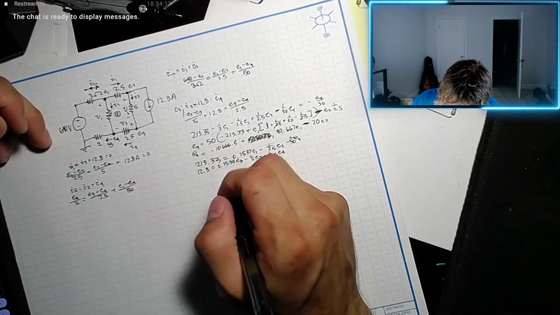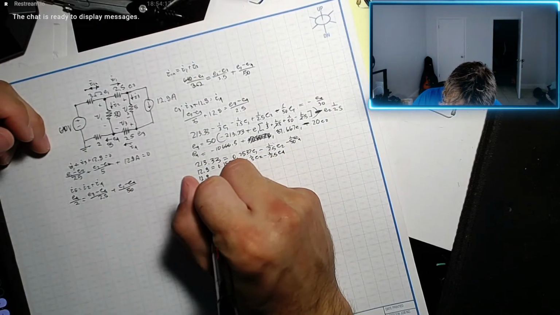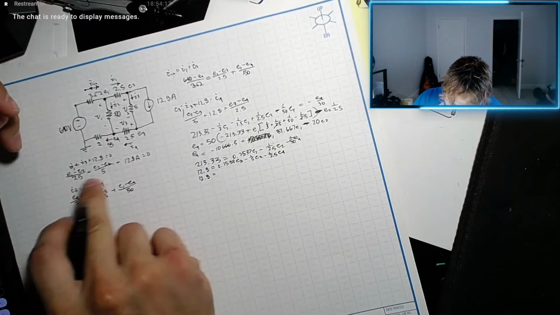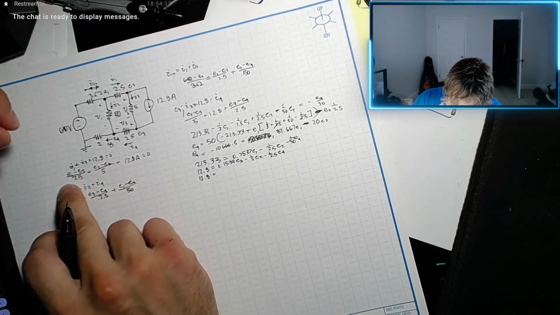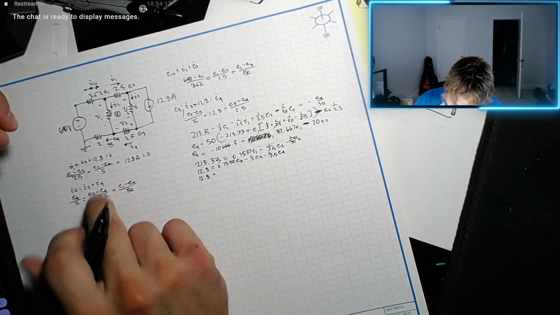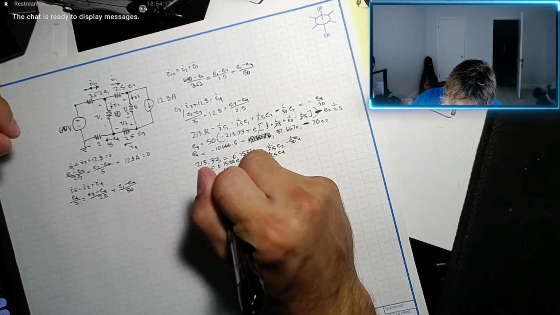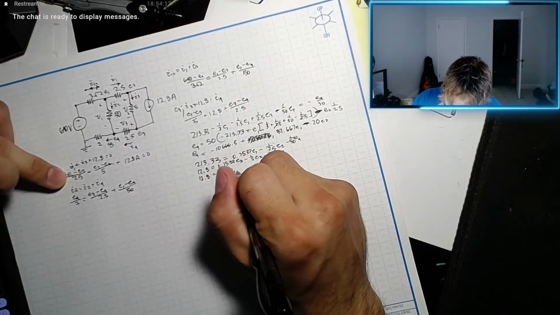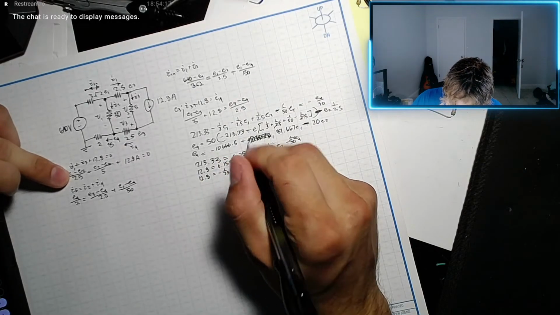Let's see, 12.8 again. 12.8 equals negative 1 over 2.5 E1, plus E2.